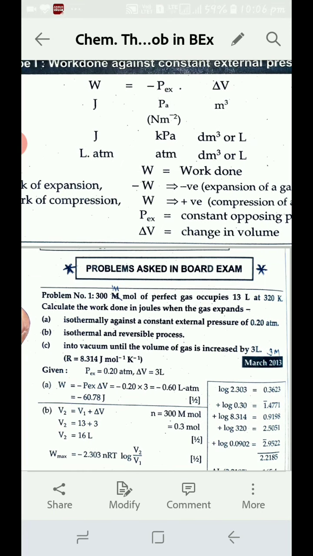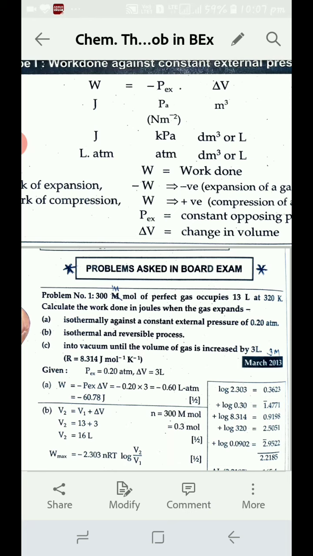This formula carries half mark. The initial volume is given, that is 13 liter, and the final volume is not given, but the change in volume is given, delta V is equal to 3 liter. So change in volume is V2 minus V1, so V2 is equal to V1 plus delta V, so 13 plus 3, 16 liter.